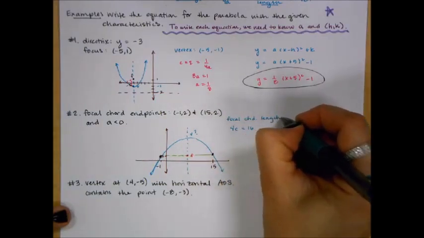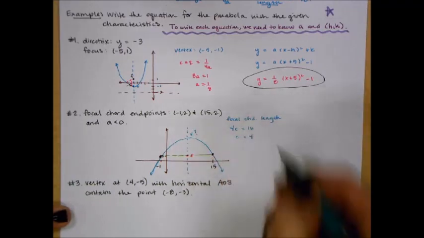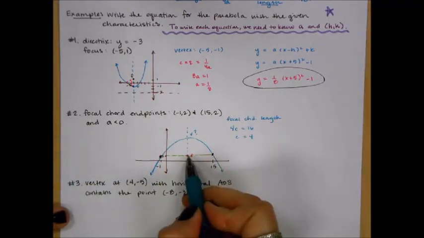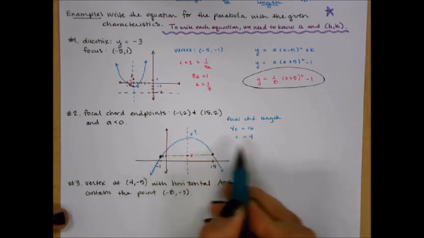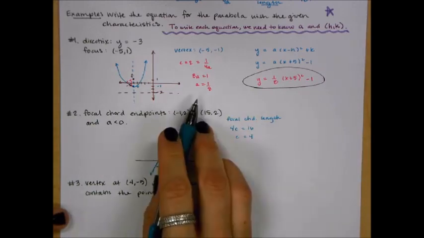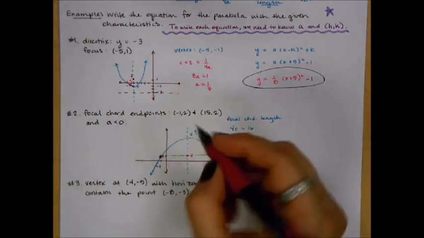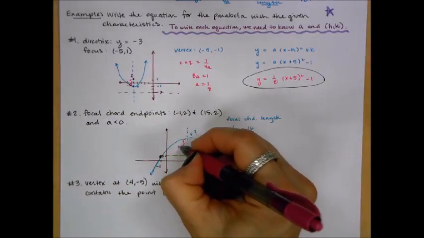So this tells me that c is 4. That helps because the distance from the focus back to the vertex is always c. We did use that last time. So right here, this distance is 4.